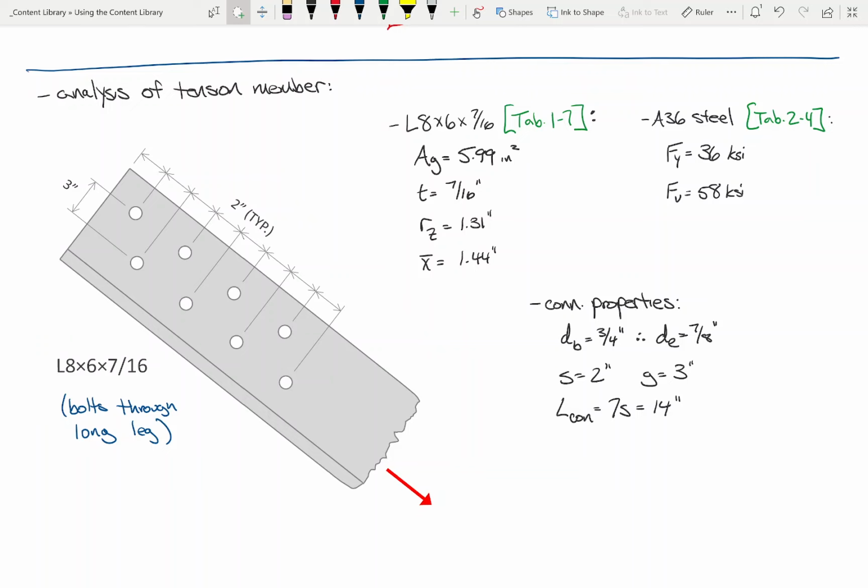How many checks are we going to make? We're going to make 3, right? We're going to look at gross section yielding, net section fracture, and what's the third one? So what do I need to do slenderness? I need the member length.